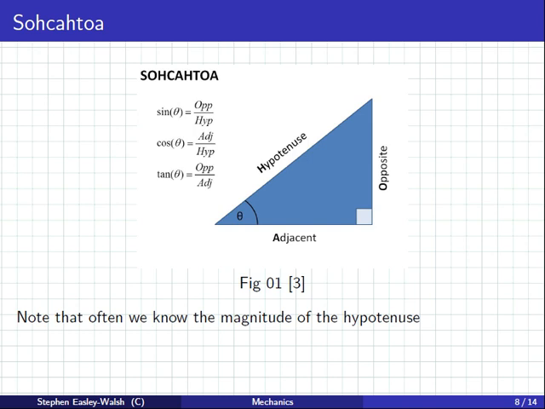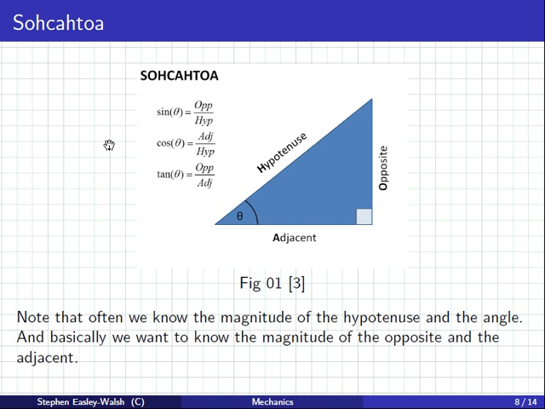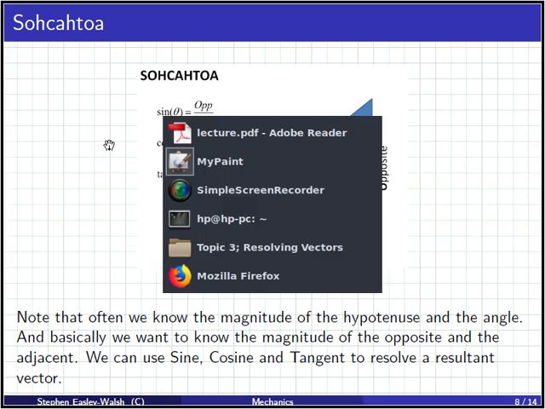Often we know the magnitude of the hypotenuse and the angle, and basically you want to know the magnitude of the opposite and the adjacent. So I'll explain with a picture now. I'll just switch to my writing pad for a sec.